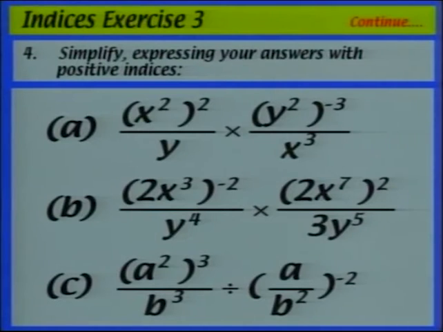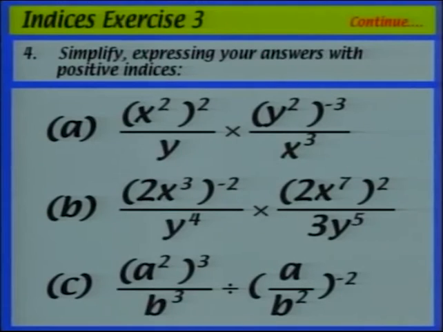X to the power of 8 over 3y to the power of 9 is correct. Letter C. A to the power of 8 over b to the power of 7.